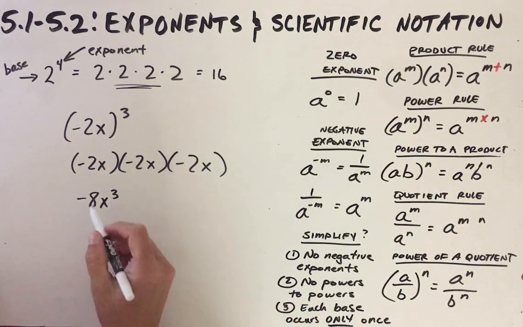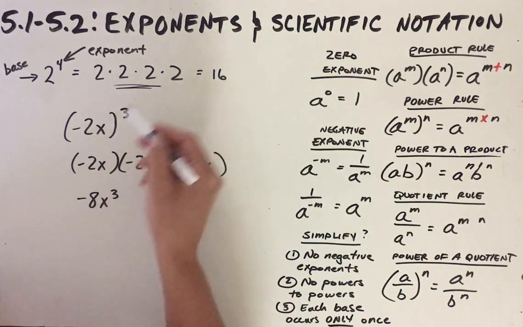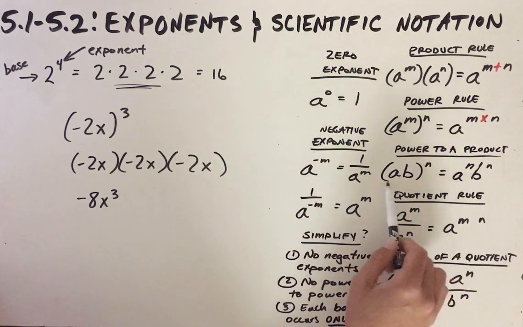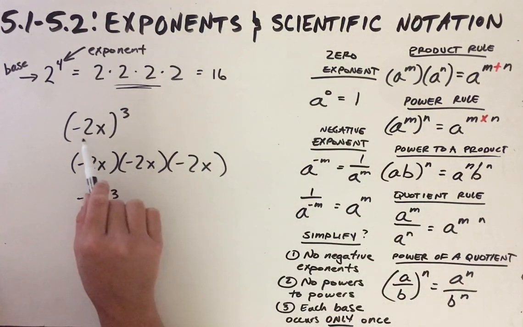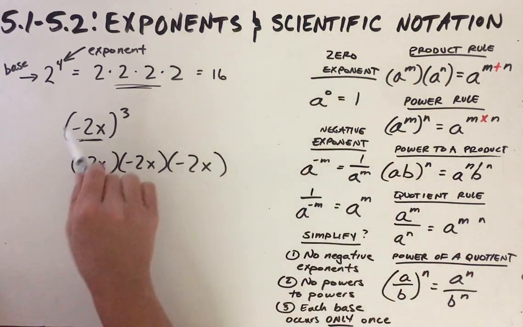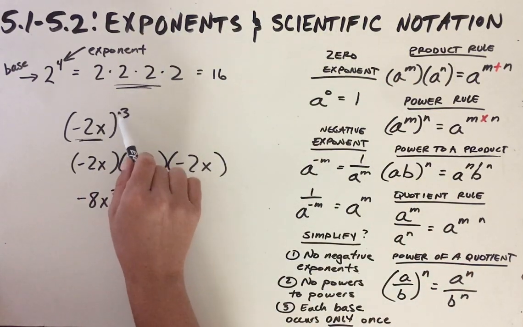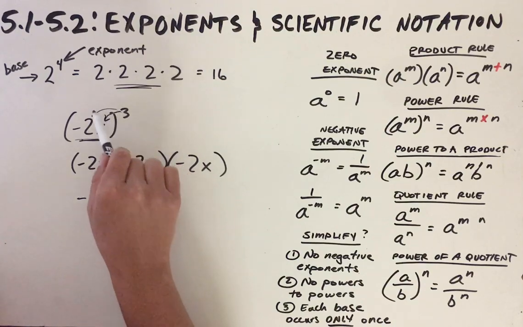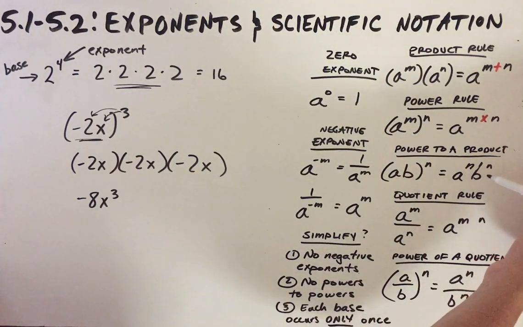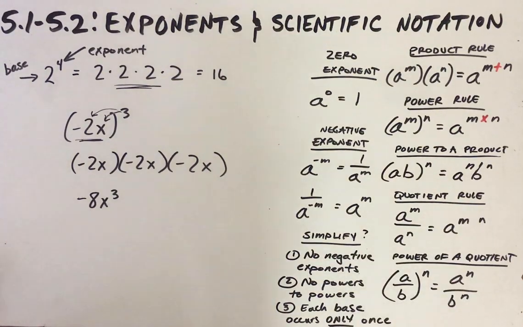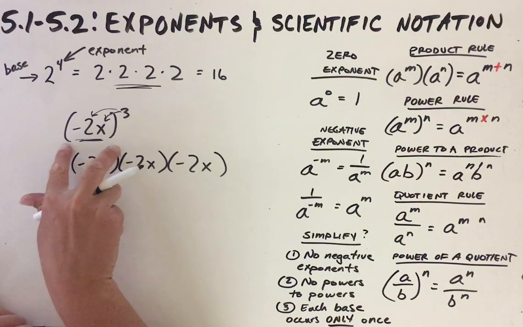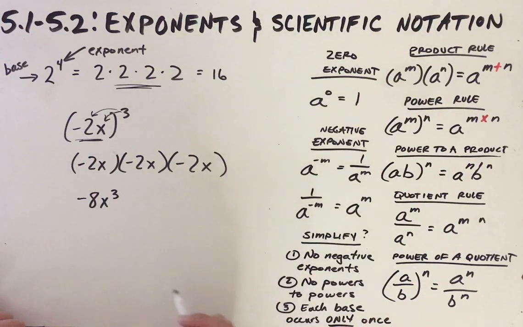So again, it's not just the x that's going to be cubed. All this product to a power rule says is if you have something inside a parenthesis that's being multiplied, which this is, negative 2 times x, and I'm raising all of that to a power, the power belongs to every different base. So it belongs to the A, and it belongs to the B, and it belongs to C and D, and whatever else might be in there, because it's literally saying take everything inside of here and do it 3 times.